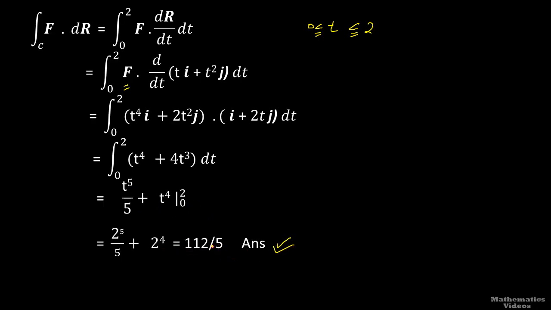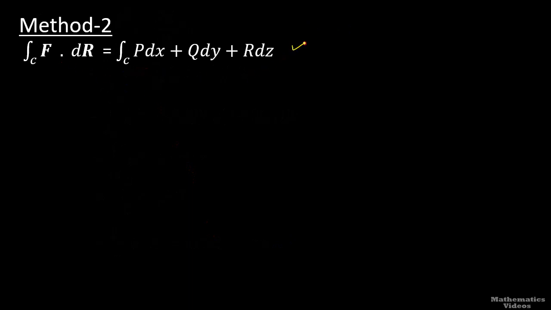Now we will obtain the same answer using the second method, in which we will use the components. So this is the second definition as I illustrated initially. Now we will put the values.